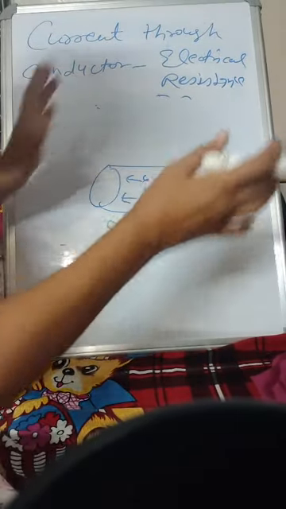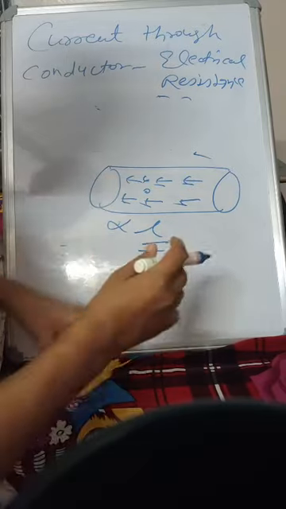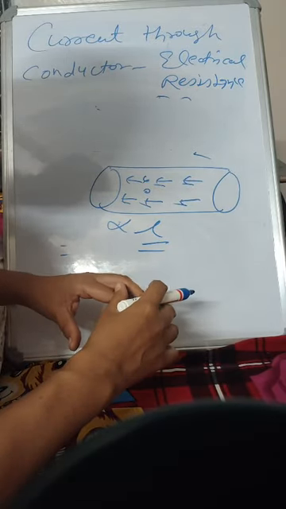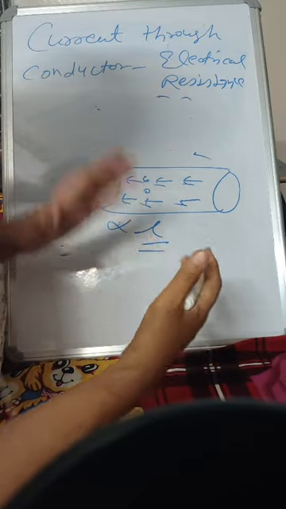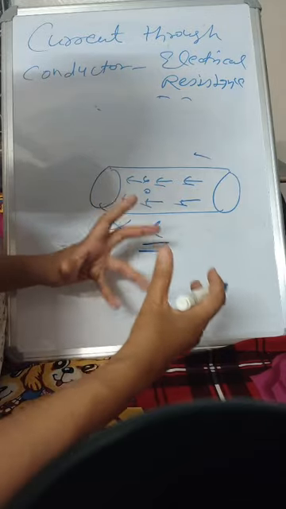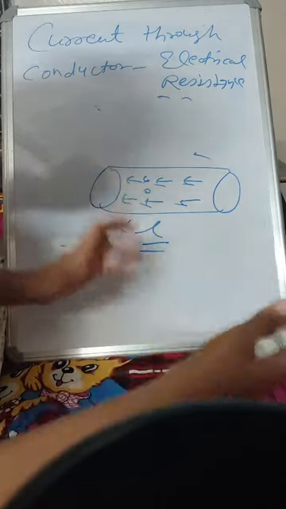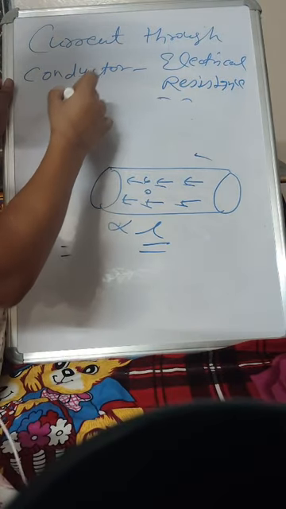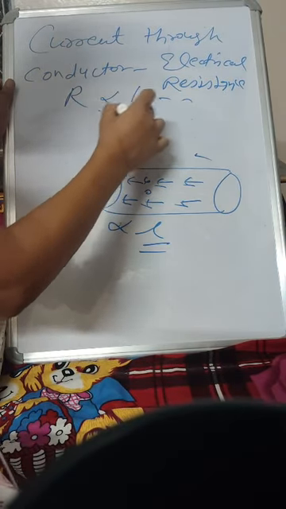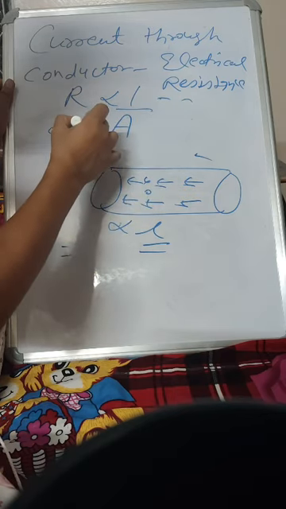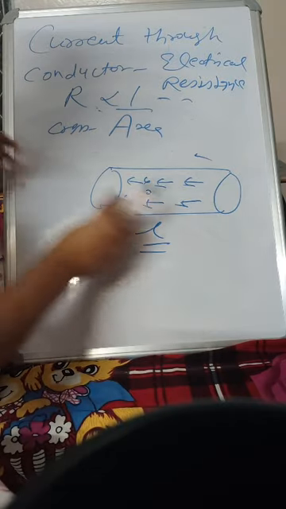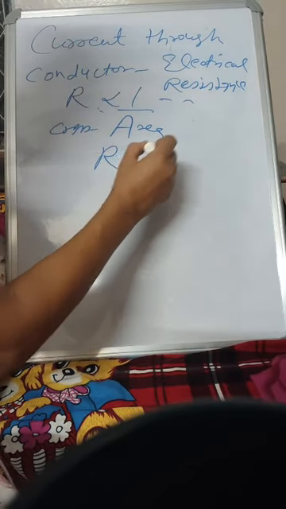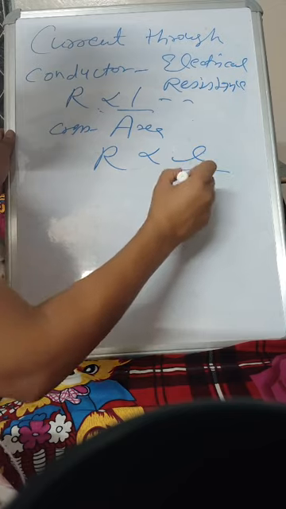For example, if we increase the cross sectional area, the possibility of collision of these electrons with ions or atoms is less because of the large area, and in this case the resistance will decrease if we increase the cross sectional area. So from here we see that this resistance is proportional to length divided by cross sectional area.